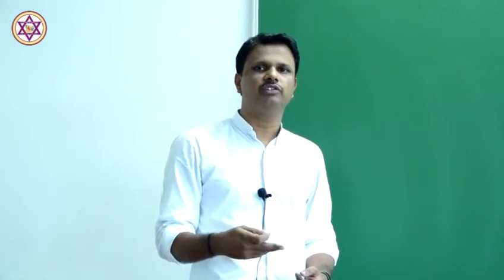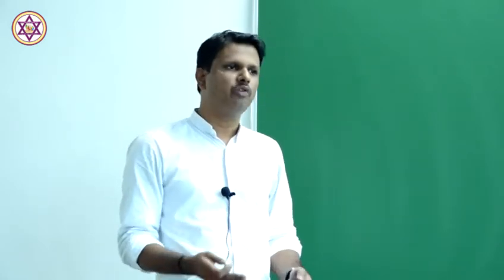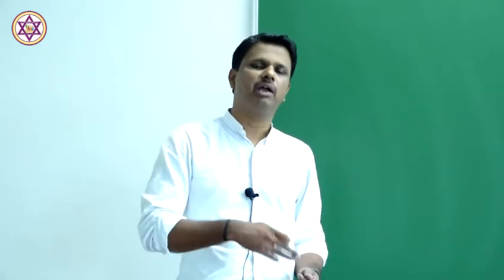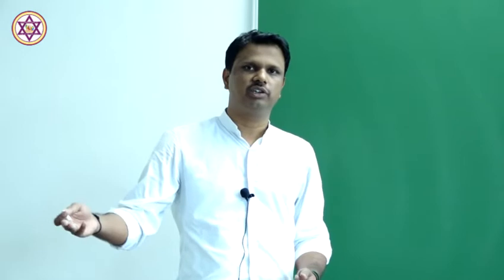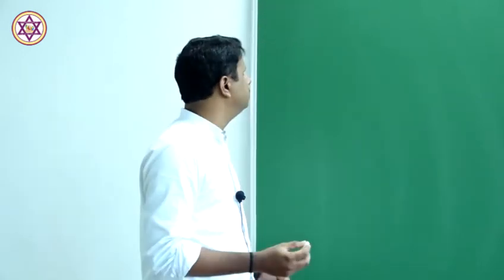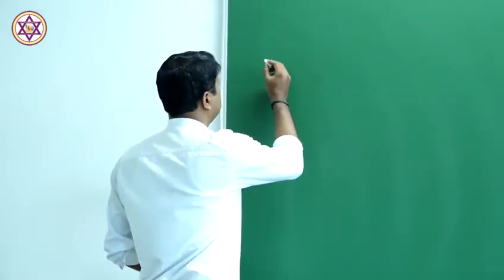We also tried to understand how these alcohols can be interconverted, that means how we can convert primary alcohol into secondary, primary into tertiary, and secondary into tertiary. Today we will try to understand one more concept, that is dehydration of alcohols.